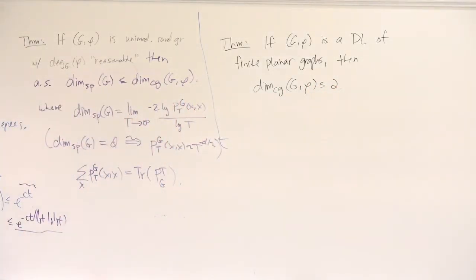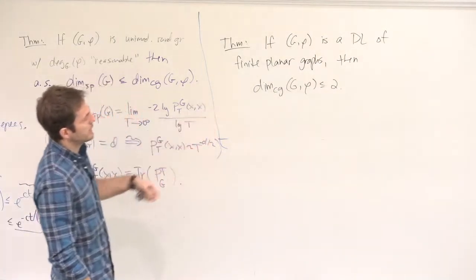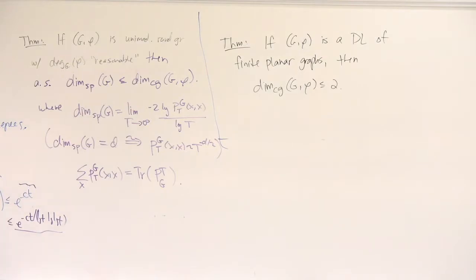So you can indeed endow such a distributional limit with a metric that has quadratic growth. It's not quite exactly quadratic. There is a log correction, and unfortunately, this is necessary.